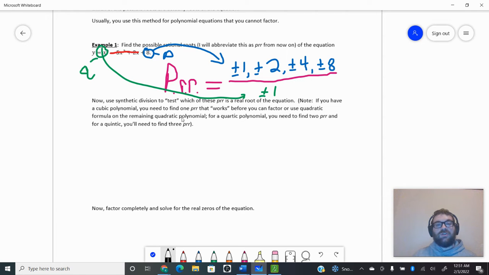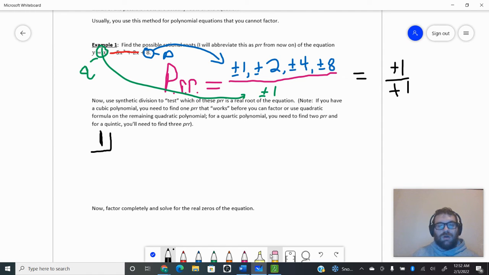So I like trying 1 first. So I'm going to try 1. And how did I come up with 1? Well, in this instance, I took our plus 1 and divided it by plus 1. So we have a plus 1 on top and a plus 1 on bottom, hence plus 1.